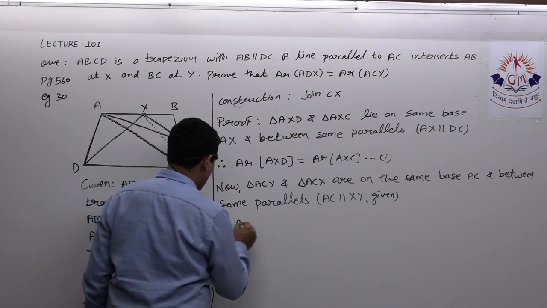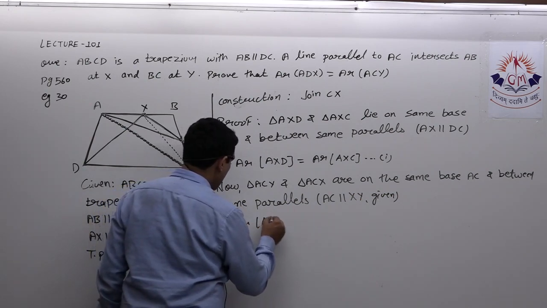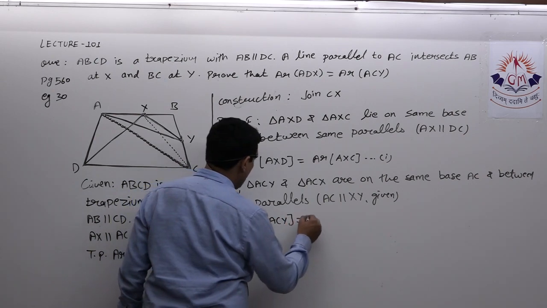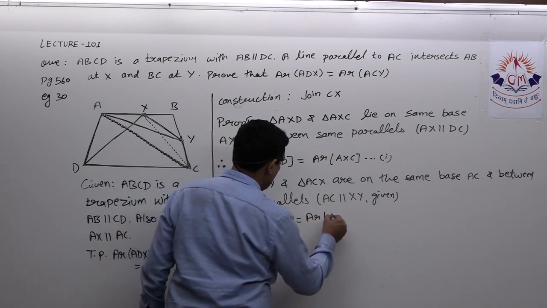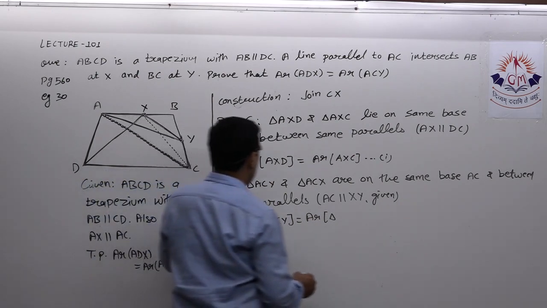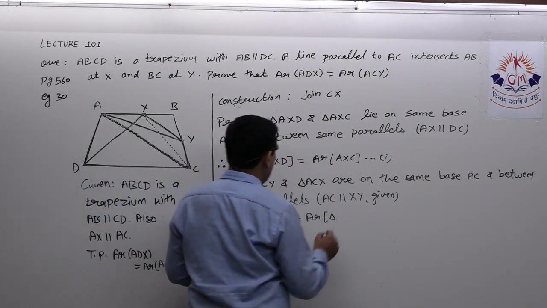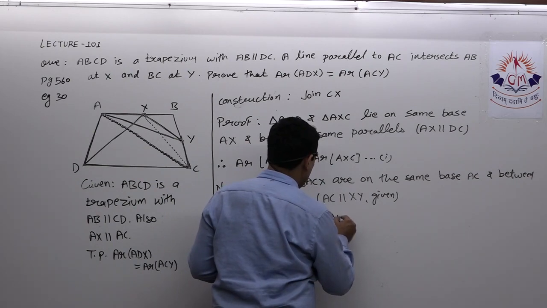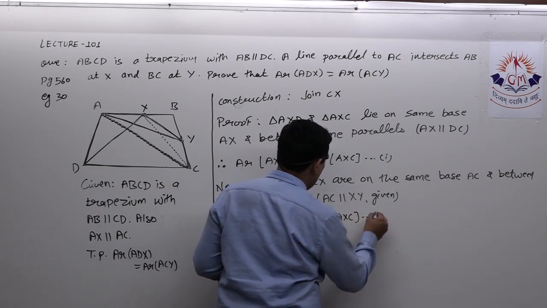Therefore area triangle ACY is equal to area triangle AXC. Let it be second.